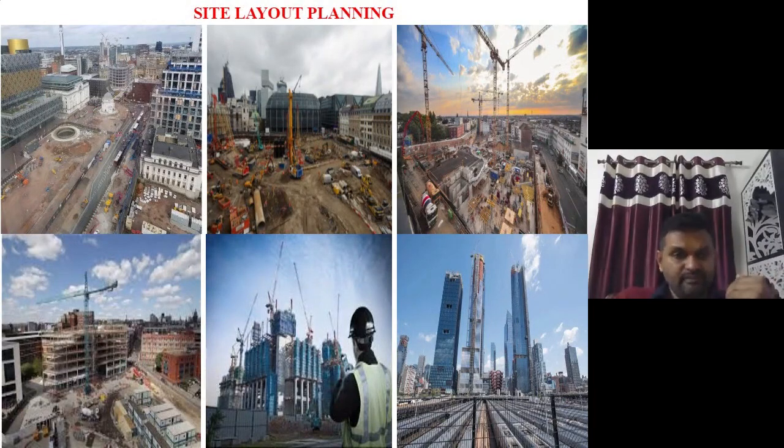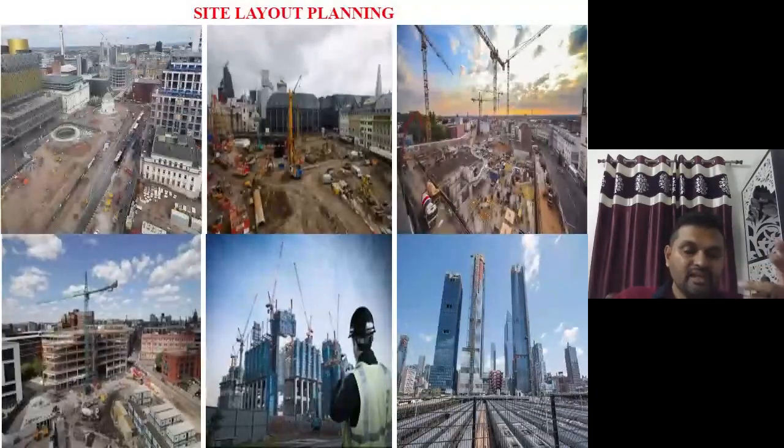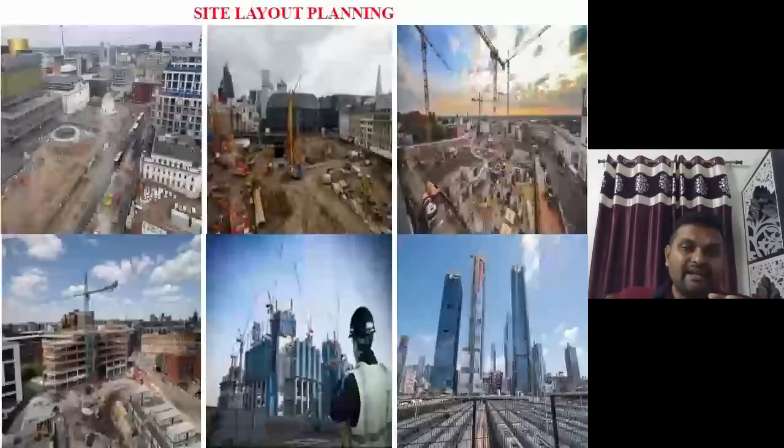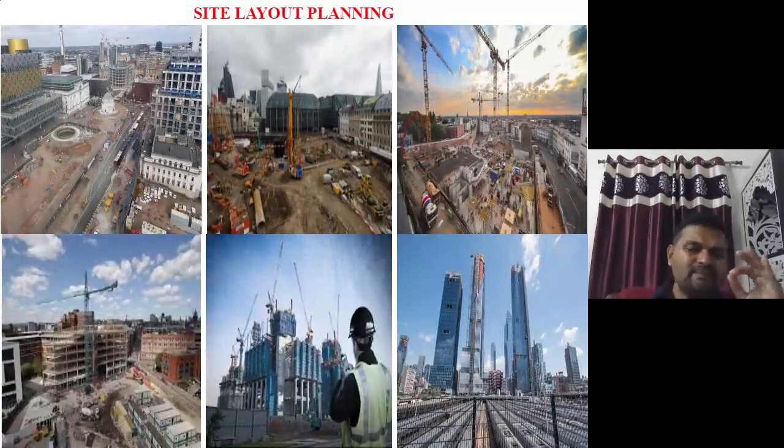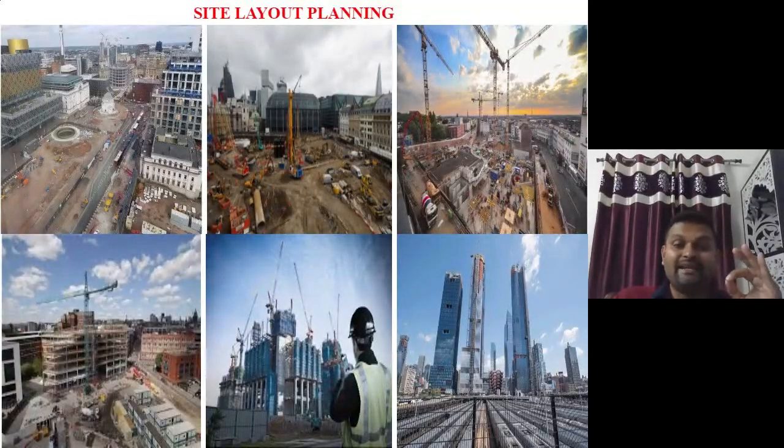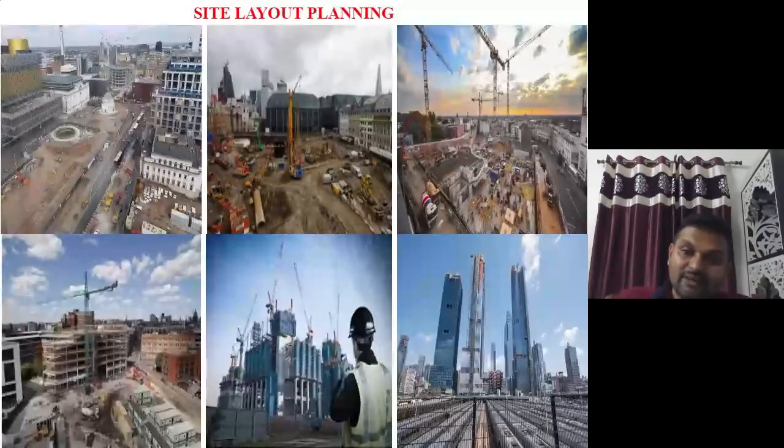So whenever I'm talking about a greenfield project, on a bigger scale, in infrastructure projects, or even in big integrated township projects or residential projects on barren land, the first and most important thing you need to take care of is site layout planning.